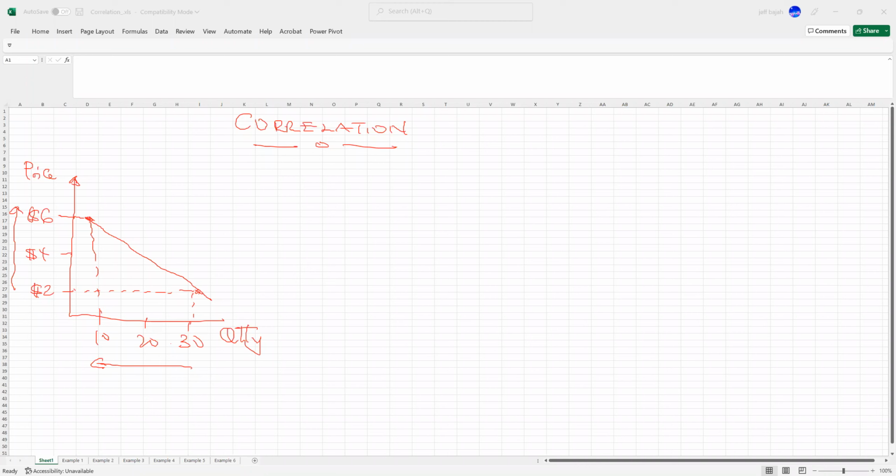We can also have a relationship where both of them are increasing. So think of the other way around. Let's say, for example, that a parent says the higher your GPA, the more the parents will give you in terms of allowance.